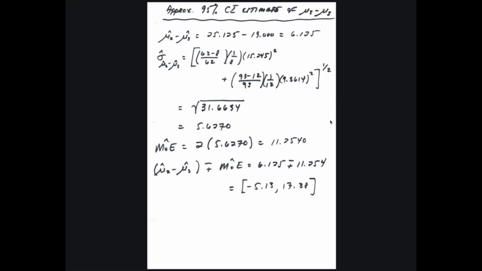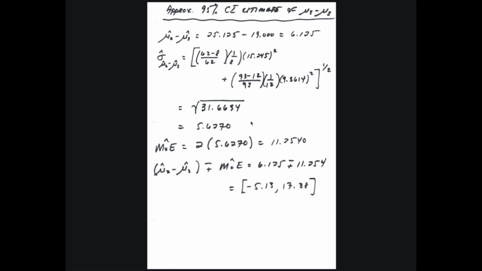Then finally, we compare the means of strata 2 and 3. We do this via a confidence interval for mu 2 minus mu 3. The estimated difference between mu 2 and mu 3 is 6.125 hours. The approximate standard error of that point estimator is 5.6270 hours.